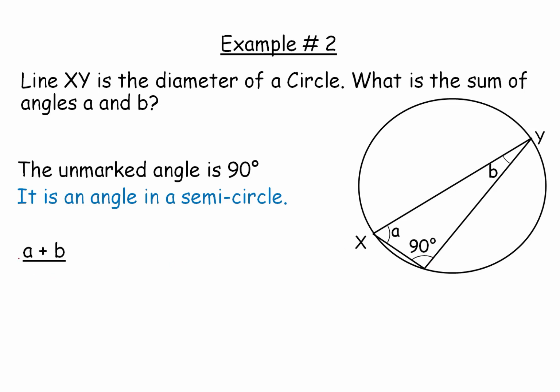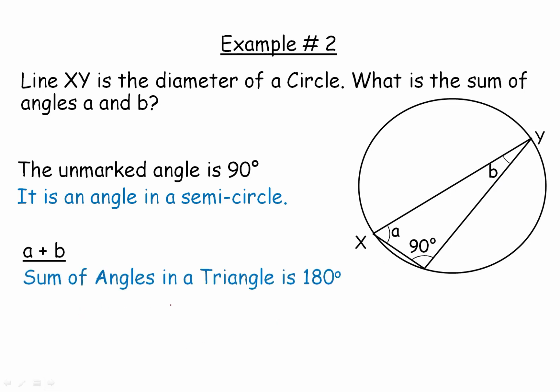Now let us find A plus B. We see that this is a triangle, and the sum of the interior angles of a triangle is 180 degrees. So 90 plus A plus B must be equal to 180 degrees.